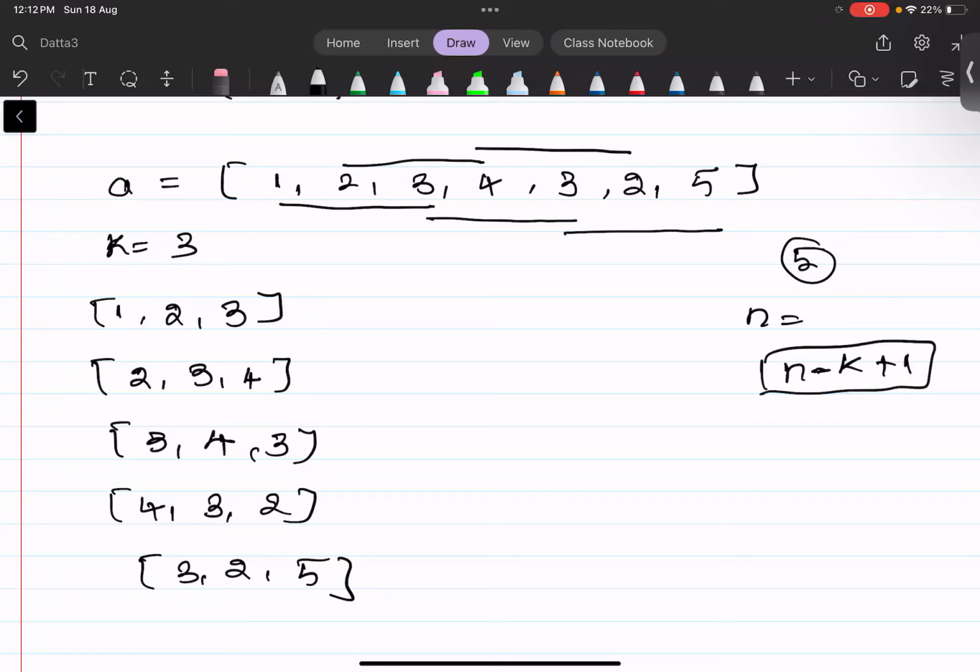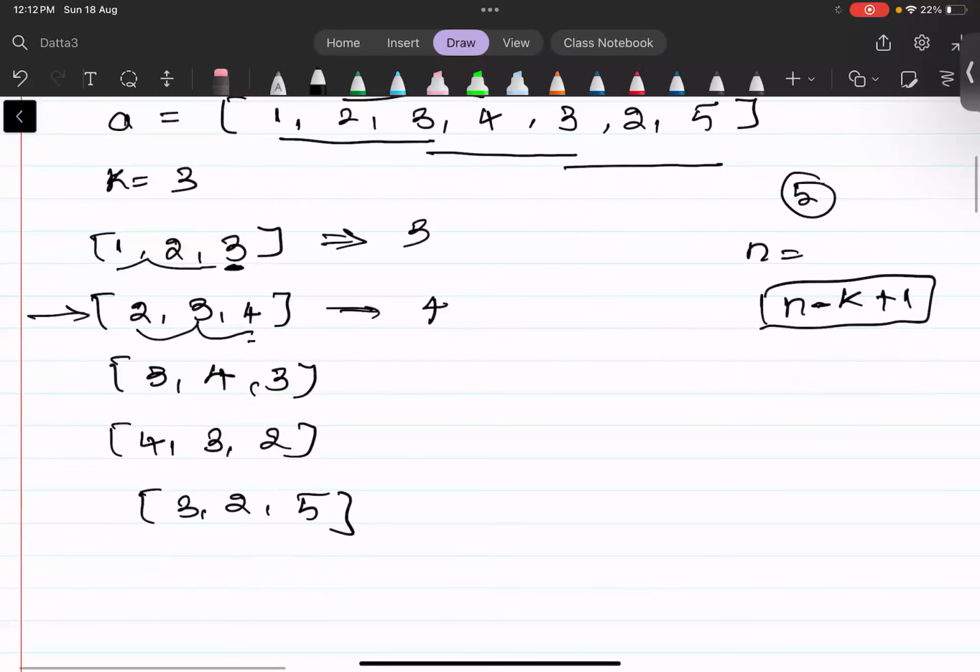Now the power of this subarray is 3, because the maximum element is 3 and every element is increasing. As every element of this subarray is increasing, its power will be the maximum element, which is 4. Now, this subarray is not increasing, so its power will be -1.